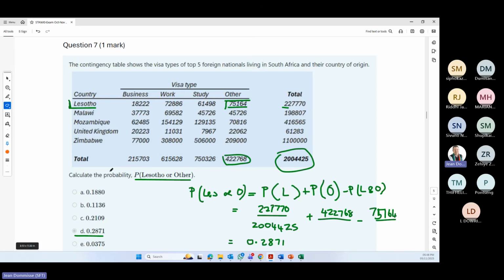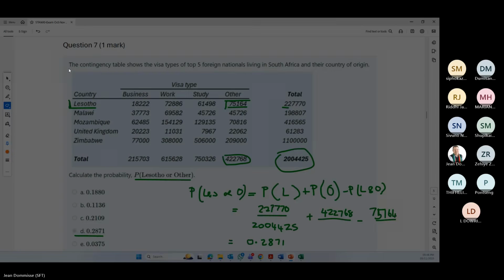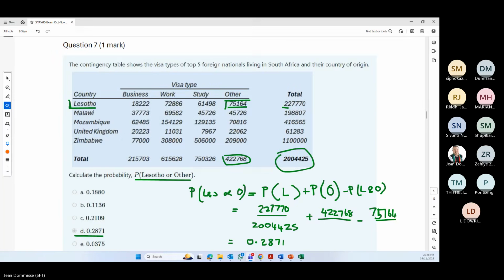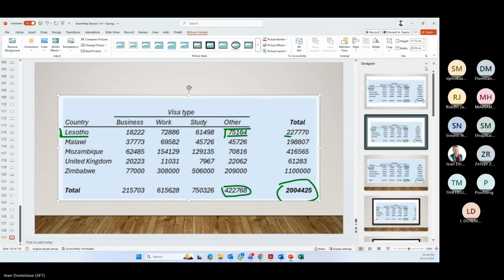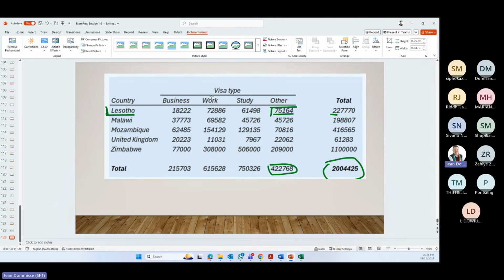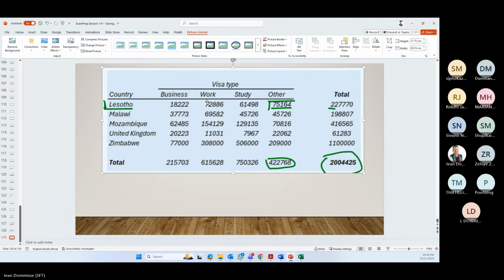Let's do it a bit differently. We're going to copy this. The question was, if you need to prove that A and B are independent.